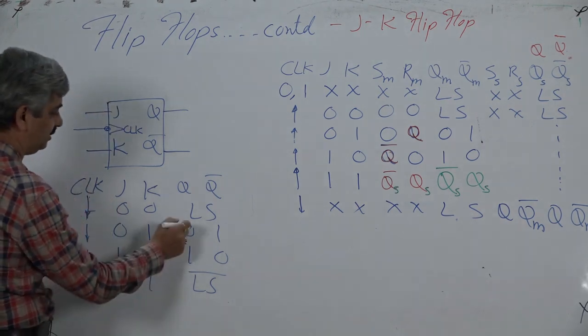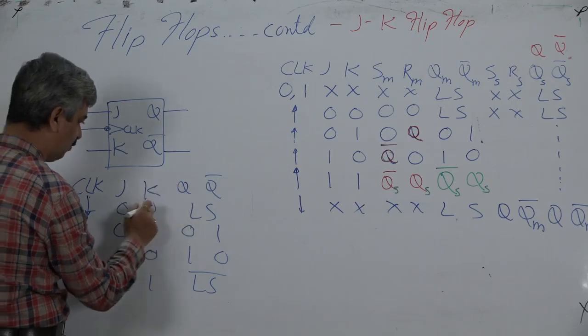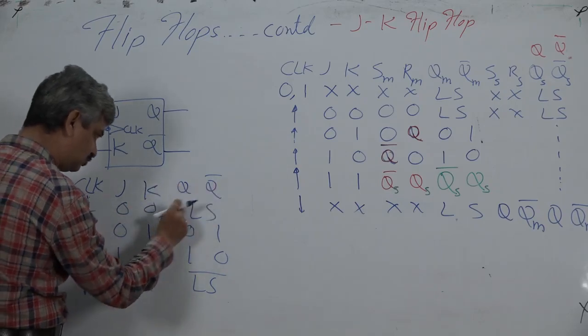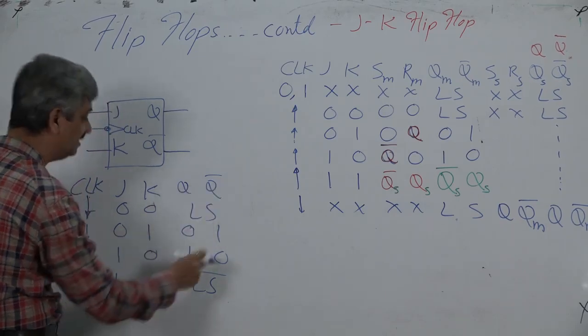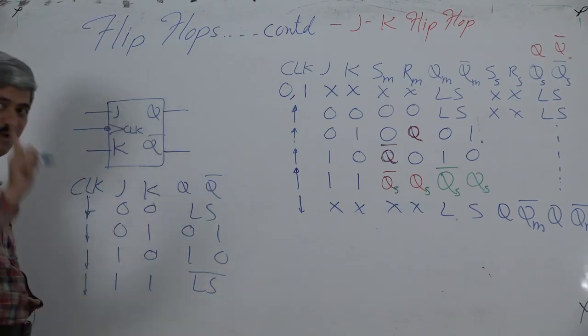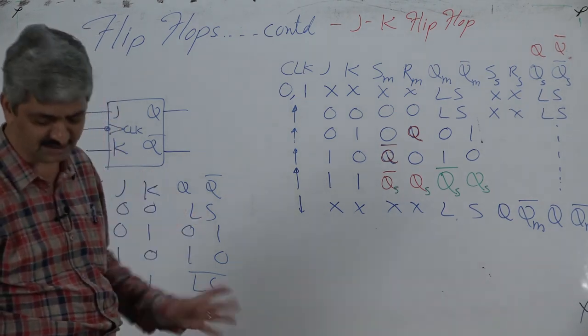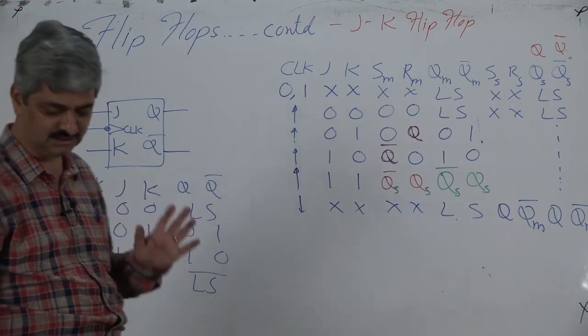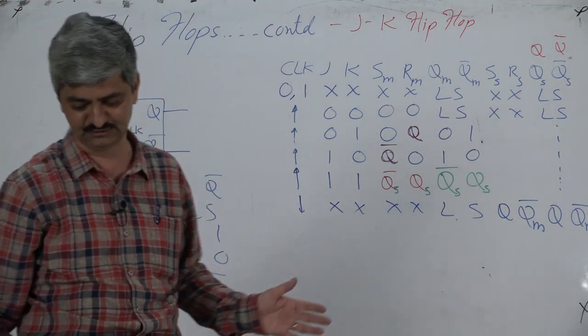So last state complement: if Q was 0 and Q bar was 1, it continues as 0 and 1, and in the toggle case if Q was 0 and Q bar was 1, it becomes 1 and 0. It toggles only once. This is the master slave JK flip flop, and it is the building block for designing counters.